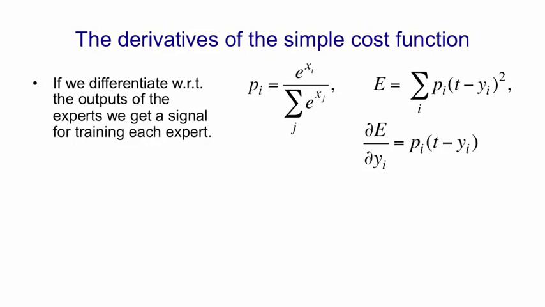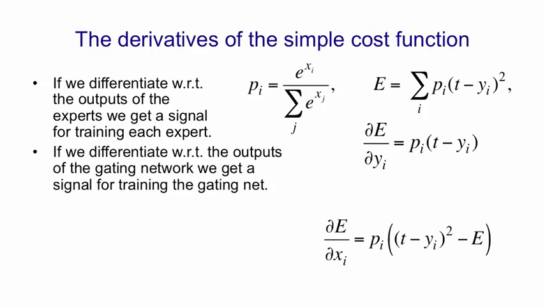And that gradient that we get with respect to the output of an expert is just the probability of picking that expert times the difference between what that expert says and the target. So if the manager decides that there's a very low probability of picking that expert for that particular training case, the expert will get a very small gradient, and the parameters inside that expert won't get disturbed by that training case. It'll be able to save its parameters for modelling the training cases where the manager gives it a big probability.